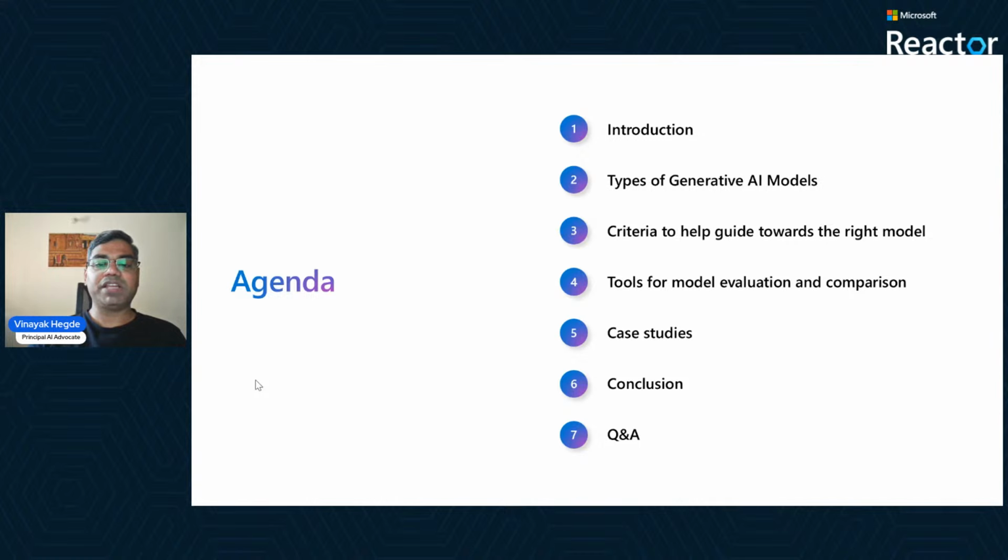We'll also look at some case studies of customers who have used some of these models, and the different aspects of model evaluation and comparison, and then eventually we'll conclude with some of the links, and open the floor for some Q&A if we have some more time, right? With that, let me move on to start off with the presentation.